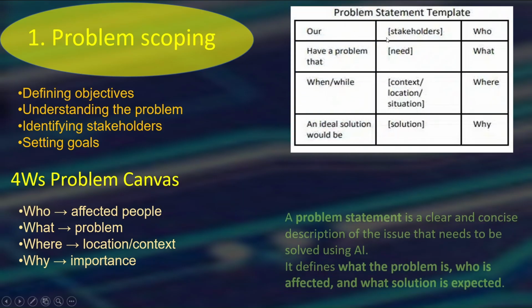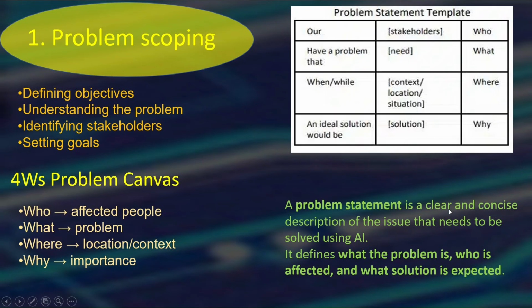We also use a problem statement template. It is a clear and concise description of the issue that needs to be solved using AI. Suppose we went to stage number 4 and want to see our basics again, meaning the basics of the problem, so that in stage 4, modeling, we can make a better AI. So we come to the problem scope, the problem statement template, and see all the required information.